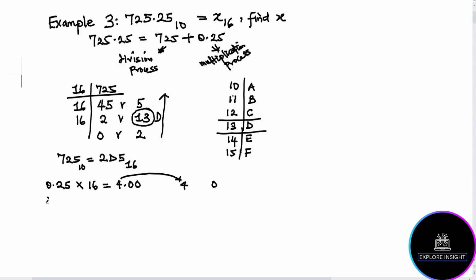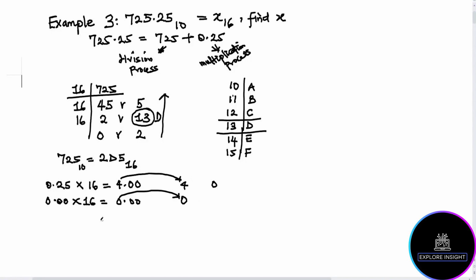This 0 we bring over here to multiply by 16. We're still going to have 0. So if we continue that way, we're going to have 0. So we'll stop at this point. Literally looking at this, we just have one decimal place.